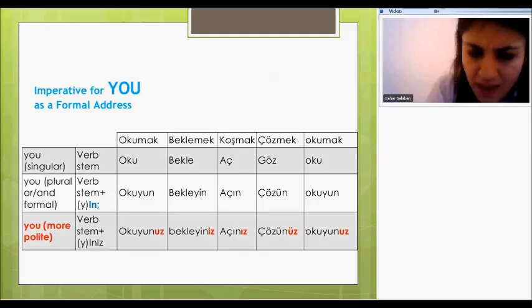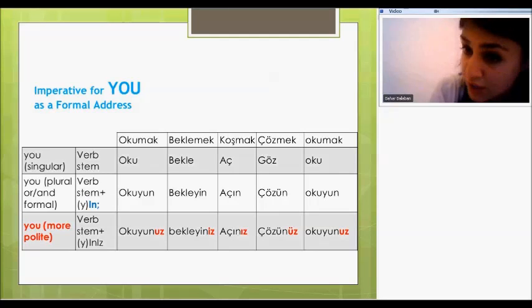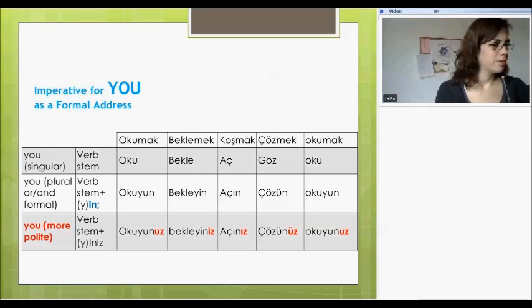Now, can you just tell me all these suffixes for the polite you? Can you tell me if they're different? For example, the first one is uz, the second one is iz, the third one is uz. Yeah, it's different. Why is it different? Well done. The difference comes from the vowel harmony in the Turkish language. All the vowels have to be in harmony.